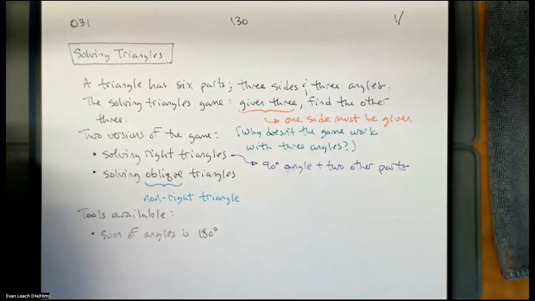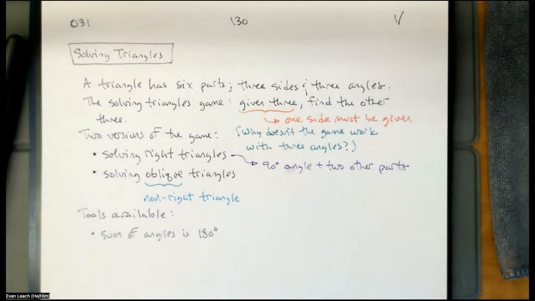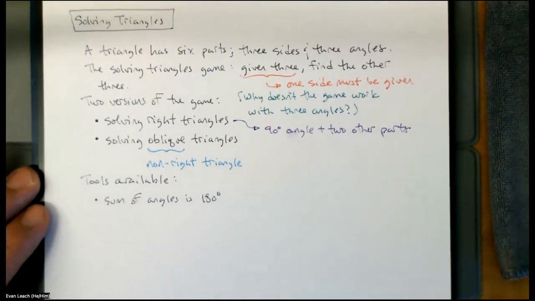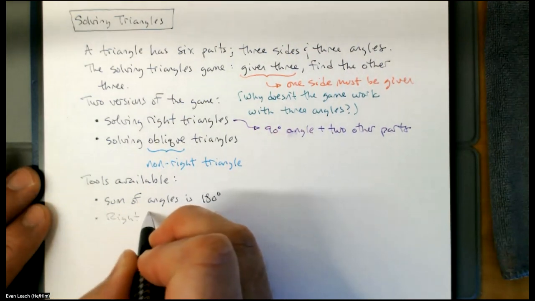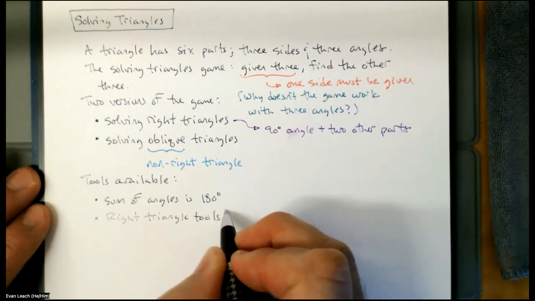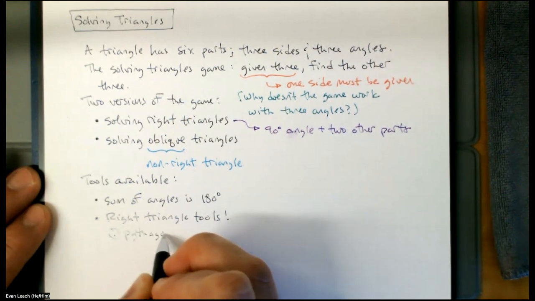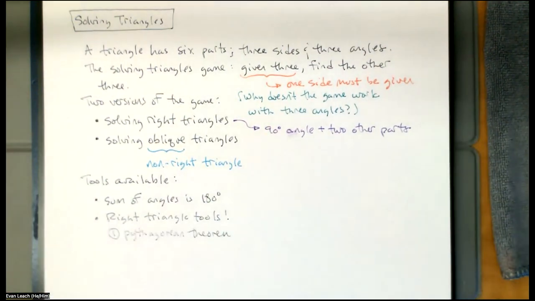Second, if we have a right triangle, we have more tools available. We don't have all the oblique tools that we need. But for right triangles, we have additional tools. We got the Pythagorean theorem, and we've got sine, cosine, and tangent.